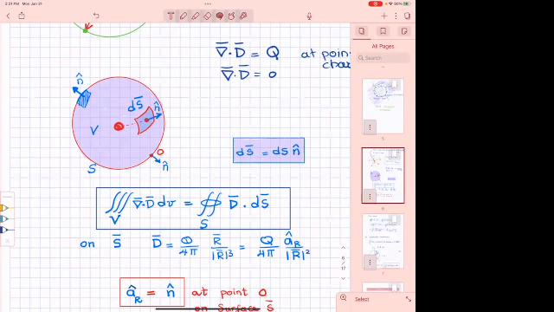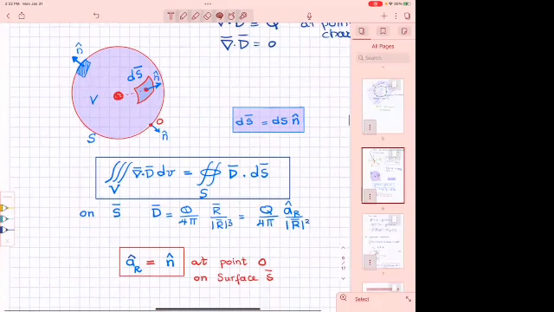So you have an inner product between D and dS, and you take then the area integral of that. An area is not a vector, but surface does have direction. And therefore, what happens now is the following.